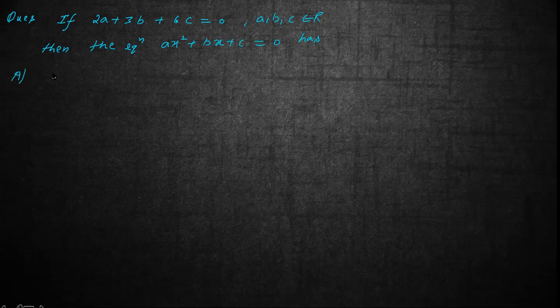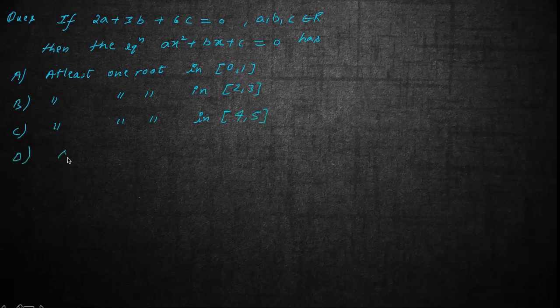First option is at least one root in 0 to 1. Option B is at least one root in 2 to 3, option C is at least one root in 4 to 5, and there is also option D, none of these.